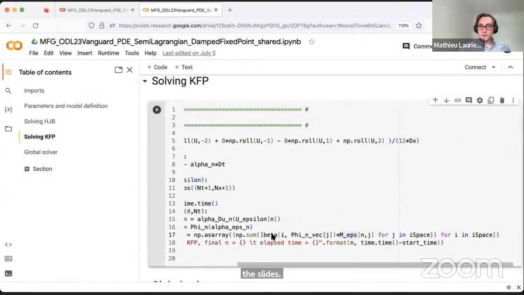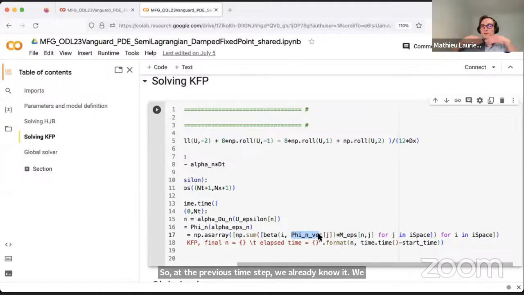And you can see that it really relies on multiplying beta evaluated at phi by M epsilon at the previous time step. So M epsilon at the previous time step, we already know it. We can evaluate this function phi n, which basically moves the mass to the next time step. And then we need to say how to split it. And this is done by summing the betas, multiplying M epsilon.